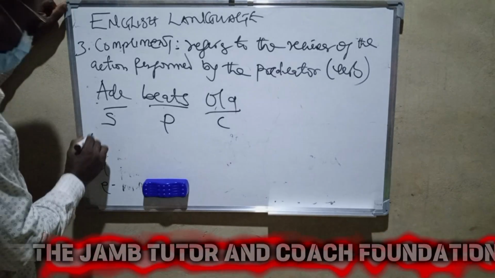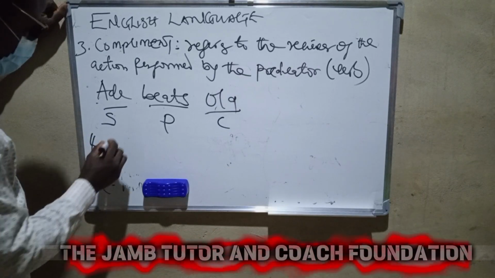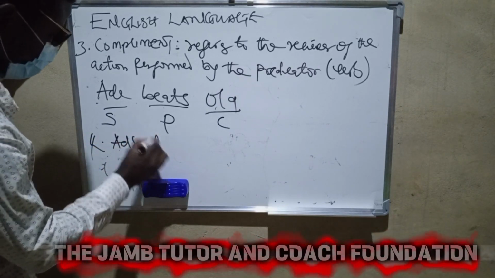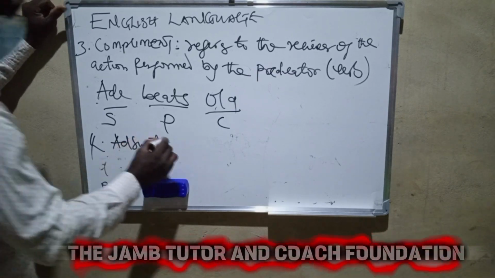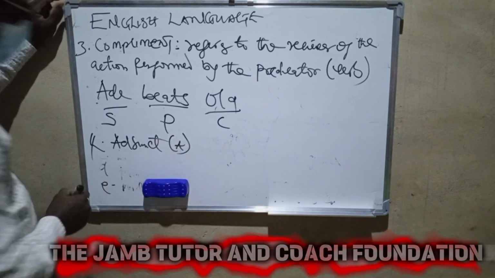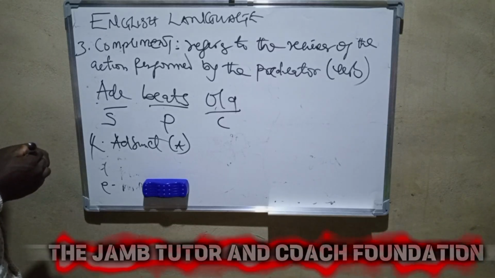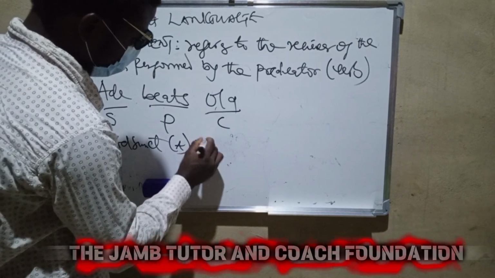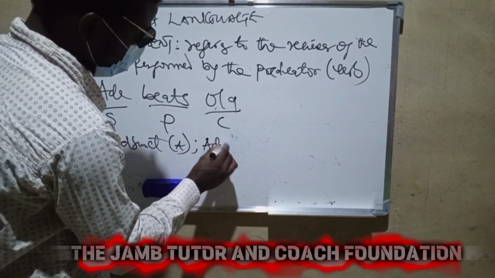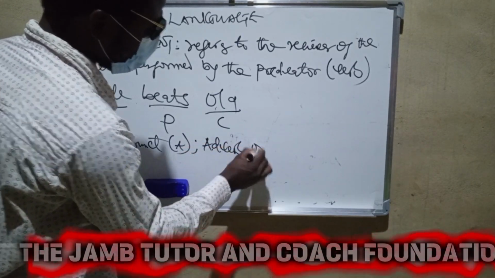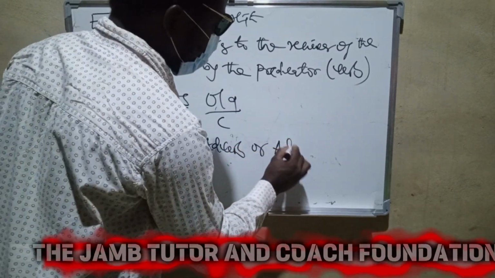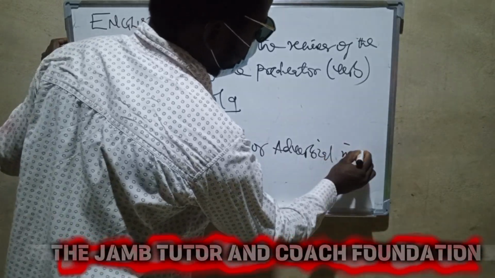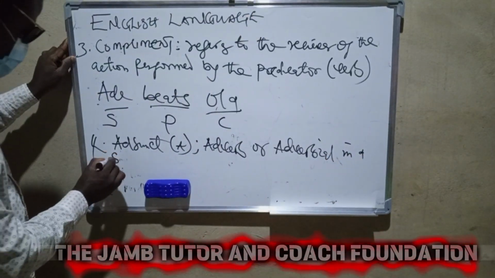Okay, the fourth element, which is the last, is the adjunct. Adjunct A. This refers to the adverb or adverbial in a sentence.